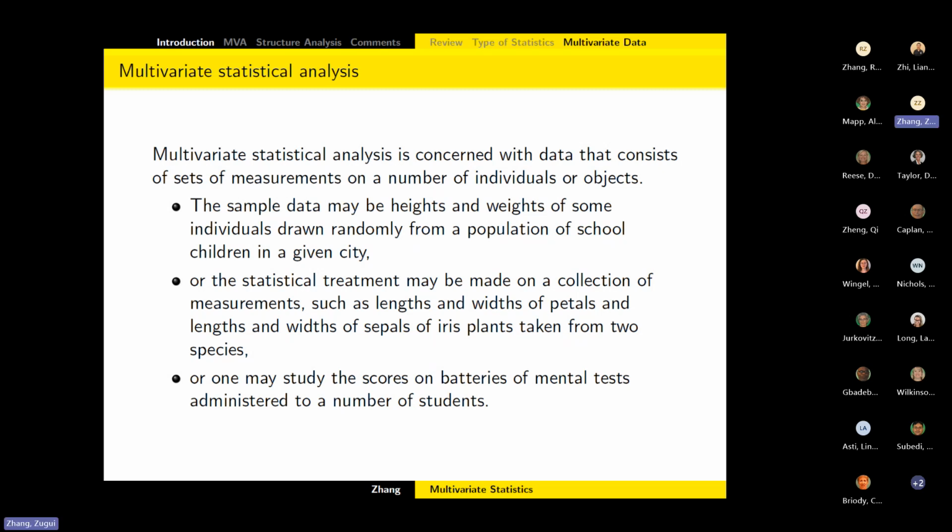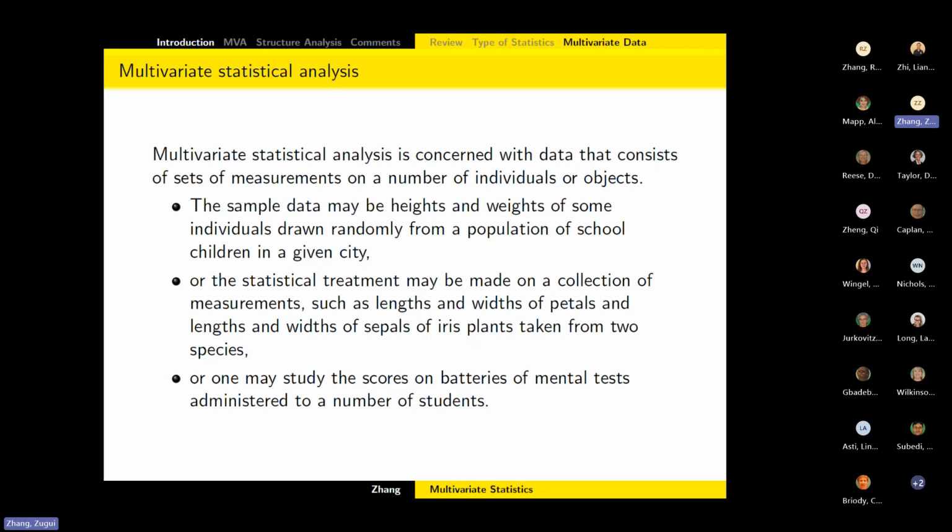Multivariate statistical analysis is concerned with data that consists of a set of measurements on a number of individuals or subjects. The sample data may be like height or weight of some individuals drawn randomly from a population of school children in a given city. Here, our outcomes consist of height and weight.